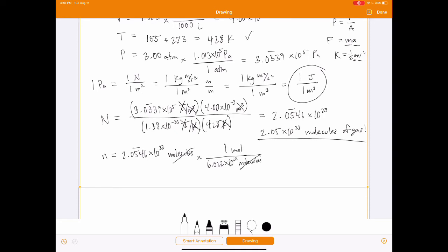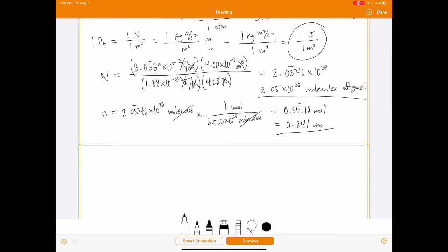Cancel molecules, we're left with moles. What do we get? 0.34118 moles. So we'd round that to a nice 0.341 mole. Okay, that's how many moles of gas we have.